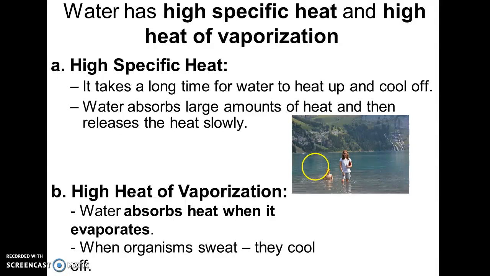So that's an important property. And then related to that, once that heat is absorbed, it takes a lot of energy for the water to evaporate. And as water evaporates off of our skin, that can also cool us down because it absorbs heat.